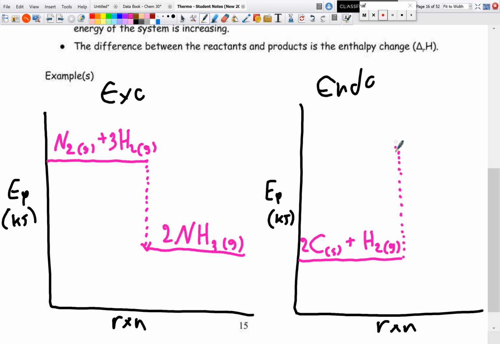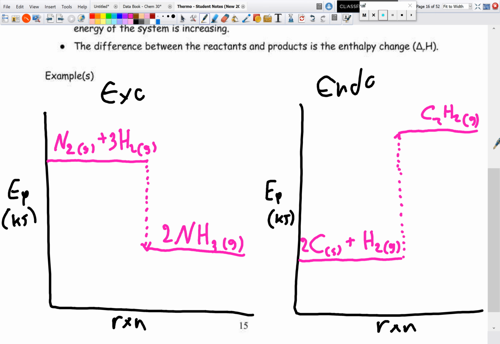Sorry, that should be all straight lines. So have a straight line. It's going to go up, arrow, and then we have our product, C2H2 gas. And all endothermic reactions are going to look like this because we're adding energy, so we're raising the potential energy.